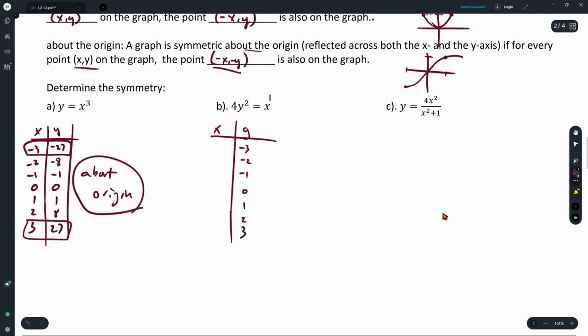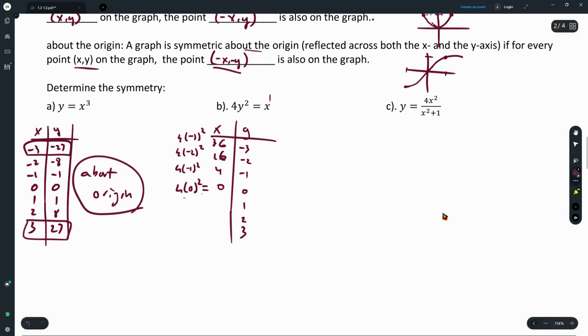I put a 0 in for y here, so 4 times 0 squared gives you 0. 4 times -1 squared is 4. The next one is 4 times -2 squared, which is 16. Next is 4 times -3 squared, which is 36.